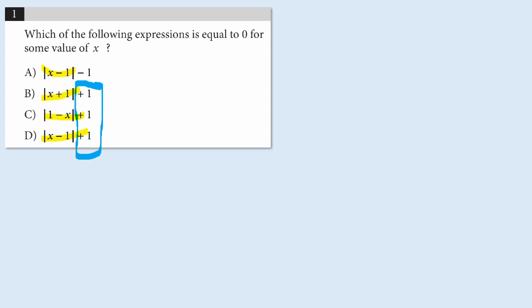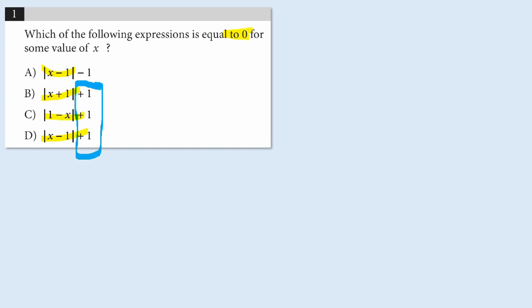And let's reflect on what absolute value means. The absolute value of an expression or a number will always be equal to a positive value or 0. So they're asking which of these expressions can be equal to 0.